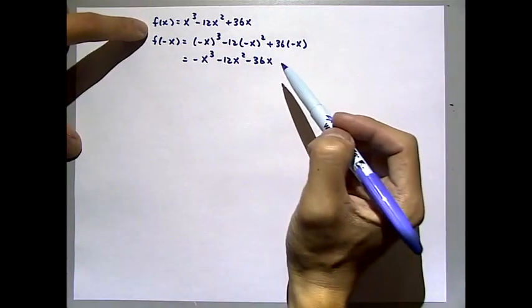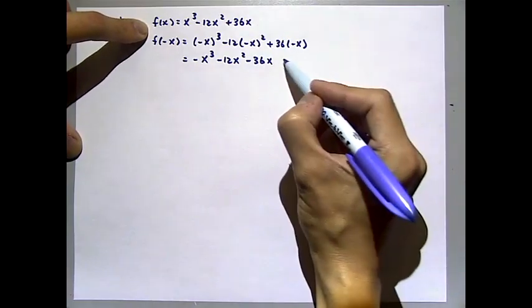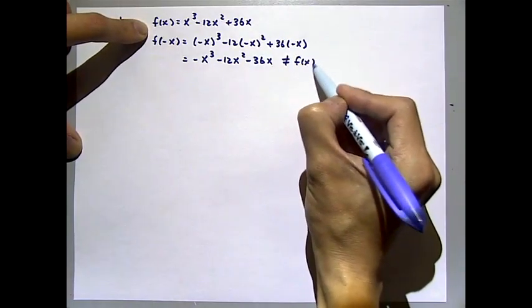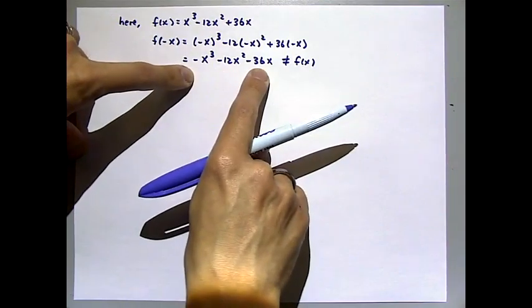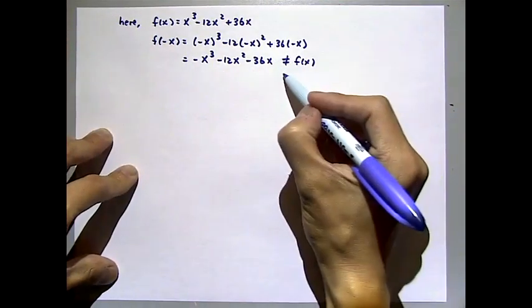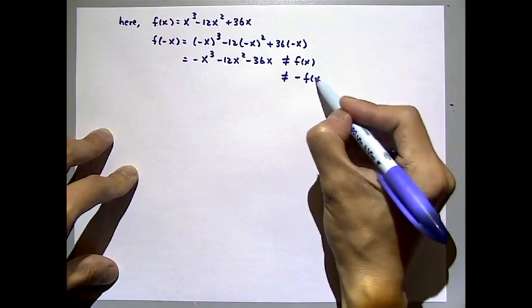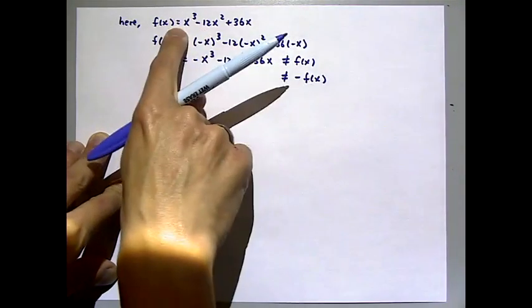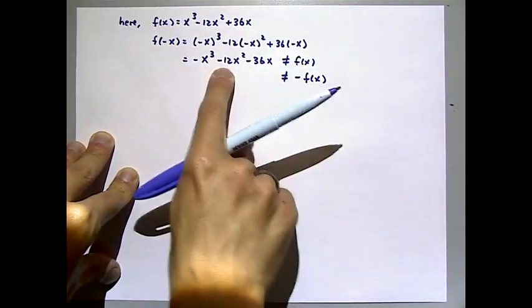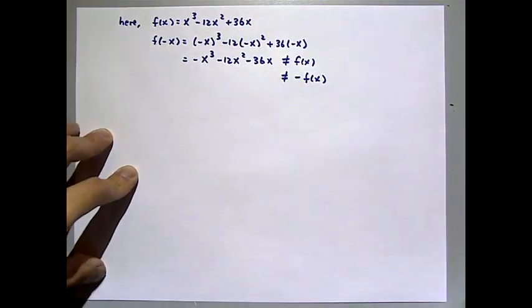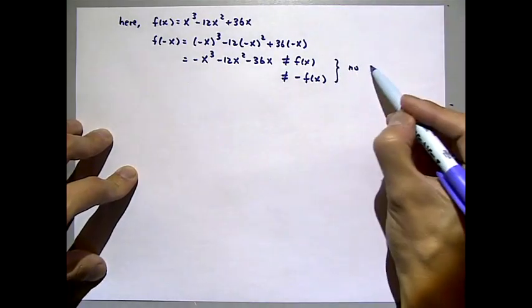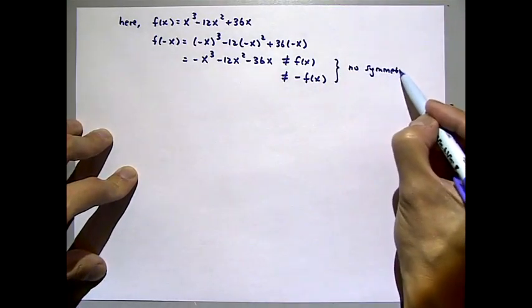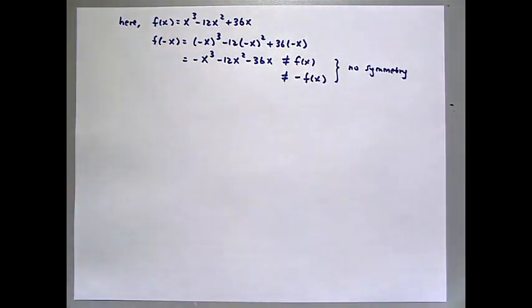Now compared to what you started with, this is clearly not what we started with. The signs don't match. Two of those are wrong. It is also not equal to the negative of what we started with. The negative of that is negative, positive, negative. I have negative, negative, negative. Doesn't fit. And this means that this thing has no symmetry. Not terribly useful, but at least we ruled out any symmetry here.